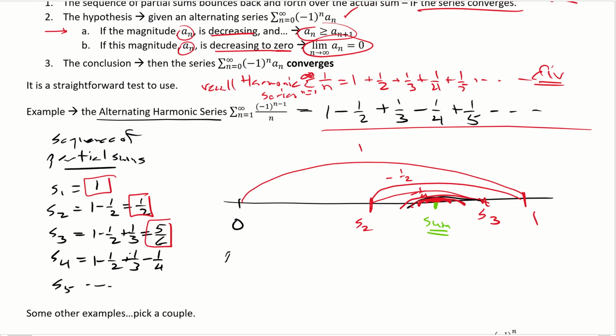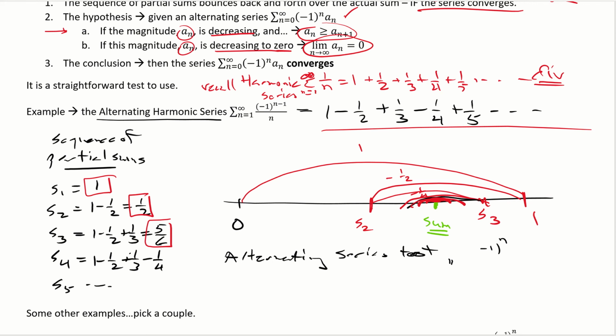Okay, so the two things that you look for in this test are the following. To run the alternating series test, and we're doing it, let's say, on this series, n equals 1 to infinity. Oh, I did it wrong.